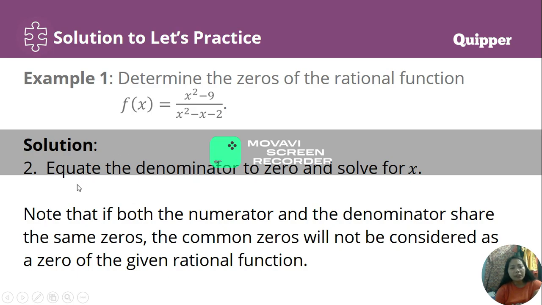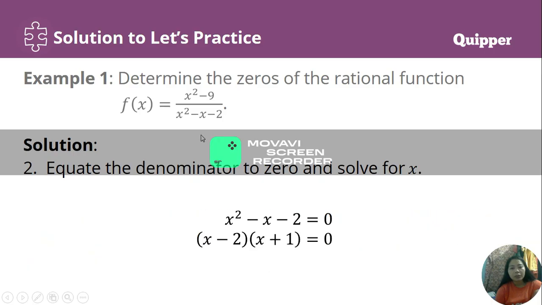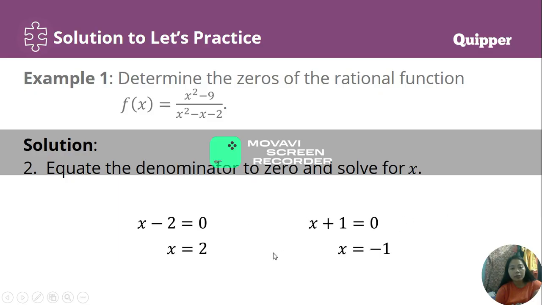Even if you equate the denominator to 0 and solve for x, it doesn't matter. For example, this one, x squared minus x minus 2, that is x minus 2 times x plus 1, the factored form. Then if we equate to 0, that becomes x equals negative 1, x equals 2.